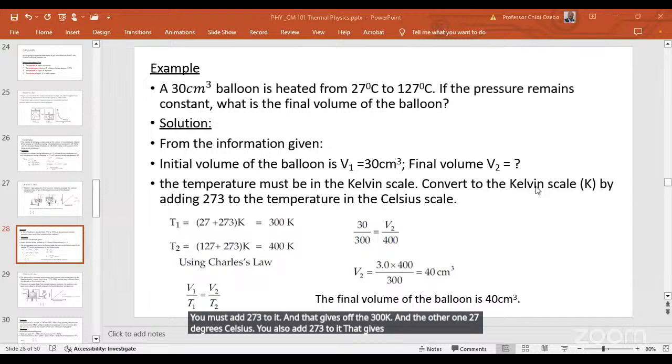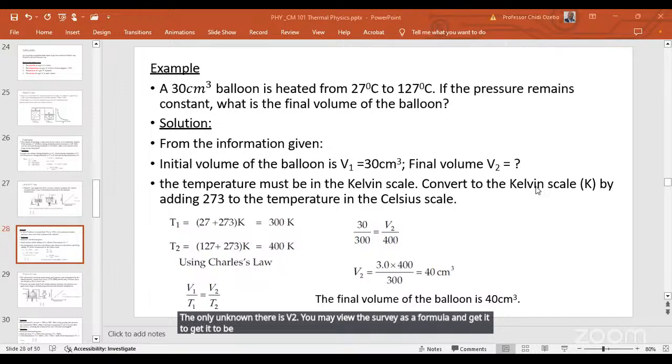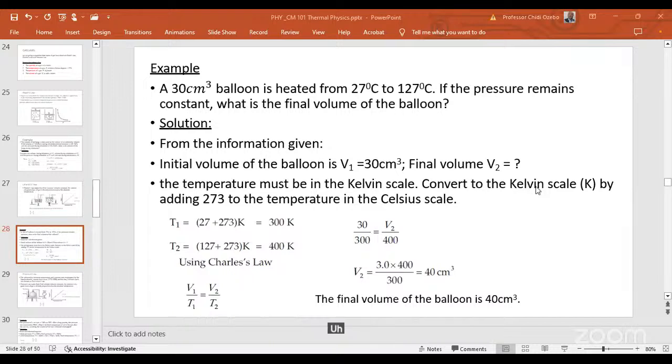When you substitute into the formula, V1 over T1 is equal to V2 over T2. The only unknown there is V2. You make V2 the subject of the formula and get 30 times 400 divided by 300.